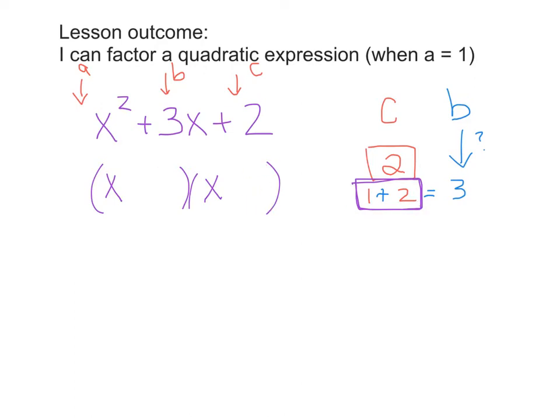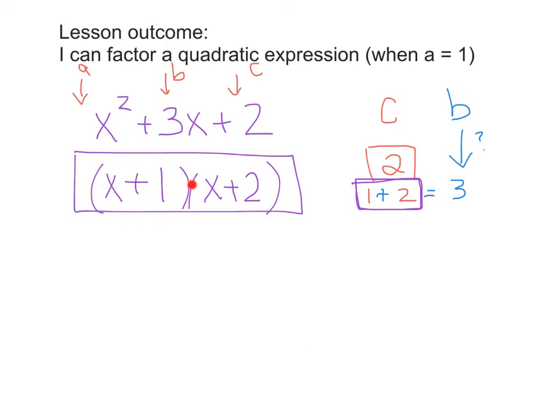It doesn't matter what order you put them in, but I'm going to put the 1 and then the 2. Since those are 2 positive values, we're going to put a plus in here and a plus in here. What we have just done is called factoring a quadratic. We found out that this binomial times this binomial will get us this trinomial.